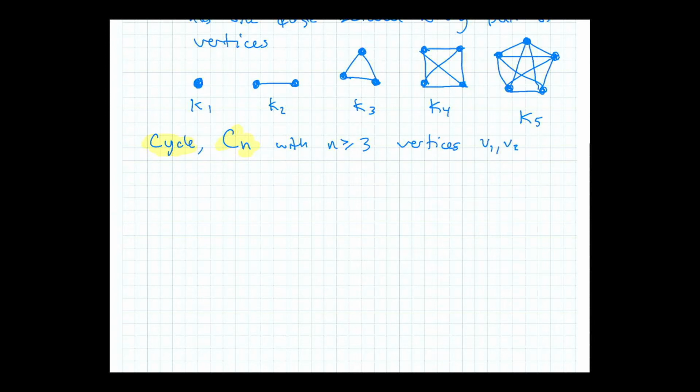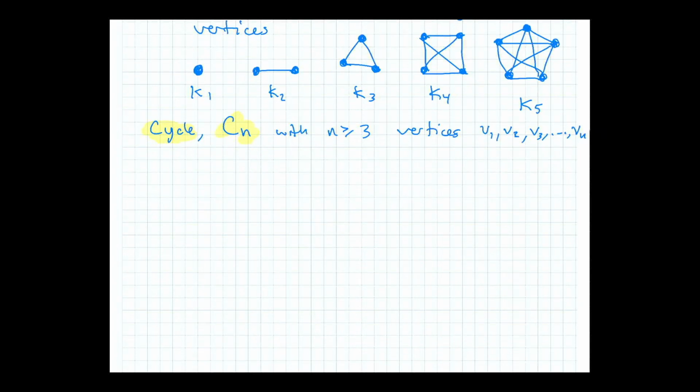We're going to name them V1, V2, V3, so there's V1 through Vn vertices. And then what you do is there are edges between V1 and V2, and then V2 and V3, and so on.